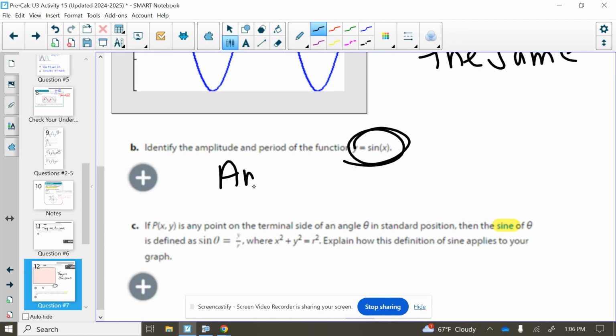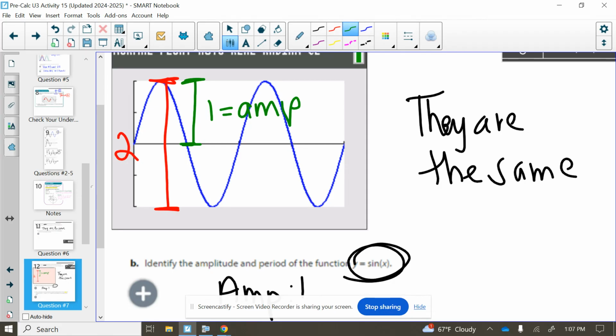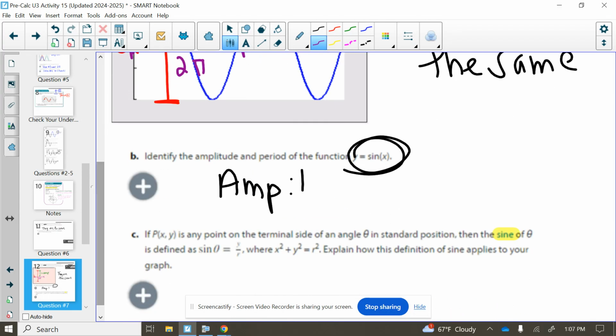The amplitude on this graph is going to be 1 because the distance between top and bottom is 2 units. However, the actual amplitude is half of that. So 1. Period, each time it takes 2 pi units to repeat itself.